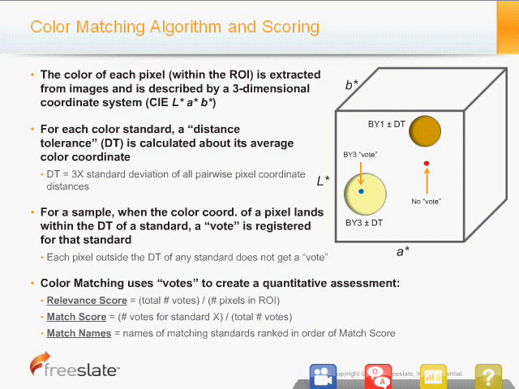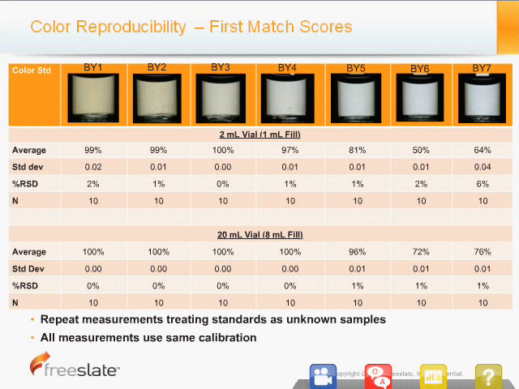In the next slide, I show the reproducibility of samples. Here we've taken the samples that we used to calibrate the system and measured them as if they were unknowns. Here I list the average match score for each standard. Let's take an example for BY1.